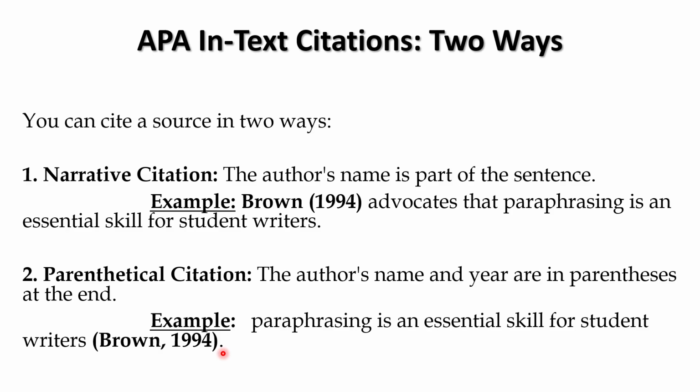The information is presented first and the source credit is added at the end in parentheses. Notice that the parentheses come before the period. This is the period that you end the sentence with. This style is called parenthetical because the citation is enclosed in parentheses.